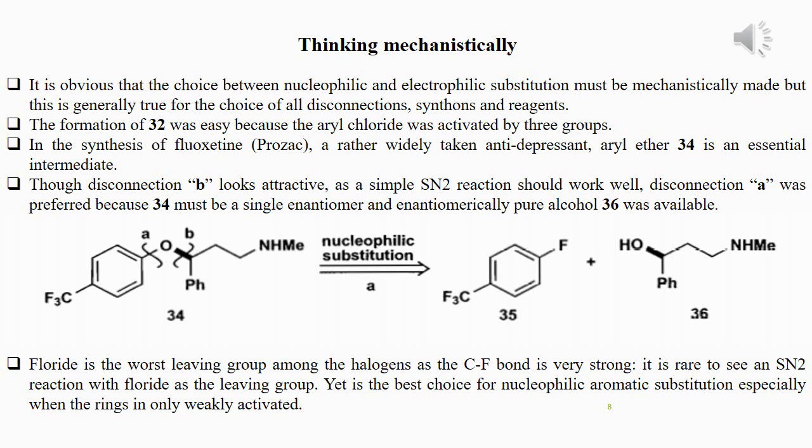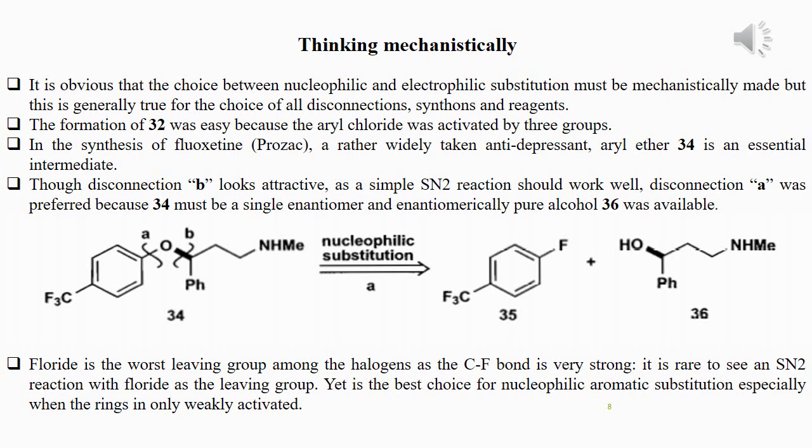Now look at another example. In the synthesis of fluoxetine, Prozac, a rather widely taken antidepressant, aryl ether 34 is an essential intermediate. Though disconnection B looks attractive as this will require only a simple SN2 reaction, disconnection A was preferred.